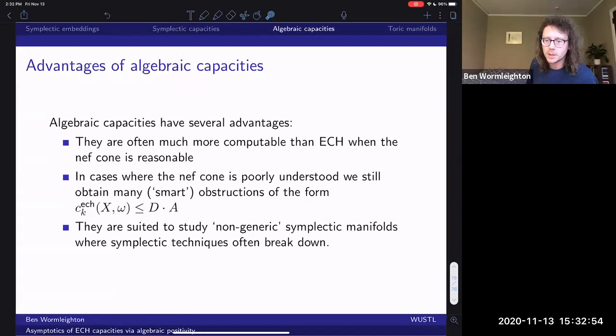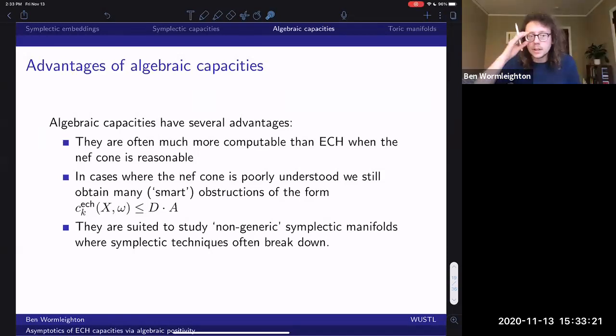So in the situation where, for example, this boundary divisor is not smooth, simple normal crossings, or I'll talk a little more about what I mean by non-generic once we get to the toric setting. But where symplectic techniques, at least to my knowledge, often don't do as well, there are actually the situations in which algebraic capacities thrive.